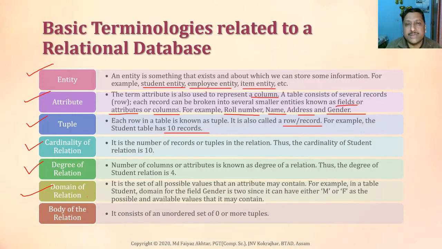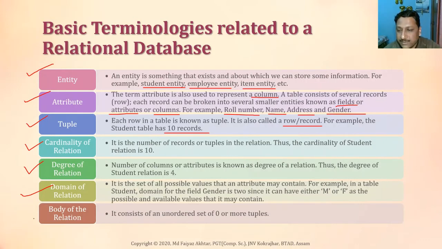For a particular attribute, a particular field, the total set of unique values we can keep in that column is known as the domain. Say for example, if a column is named gender, and in gender we can only save 2 values, male or female, these 2 values are the domain of that particular attribute, the gender attribute.